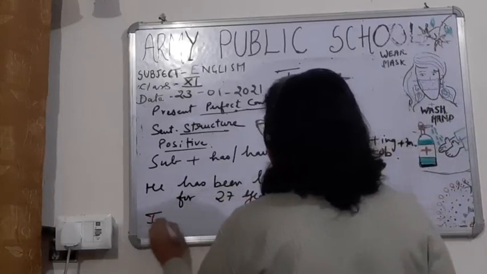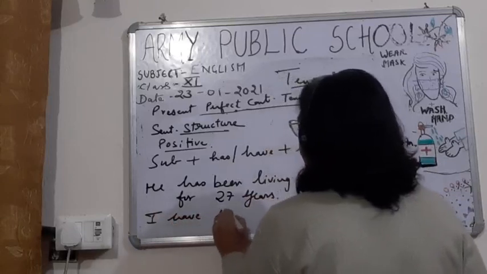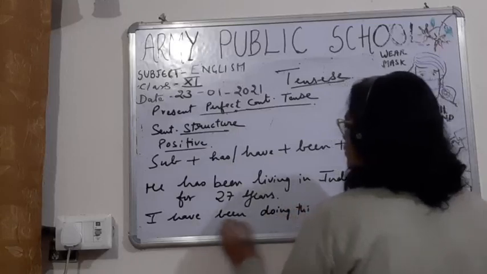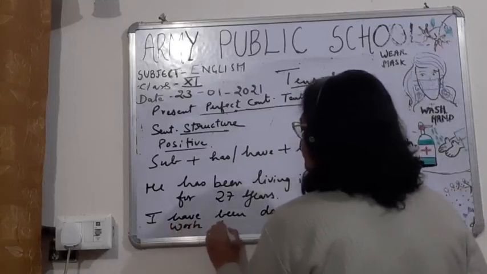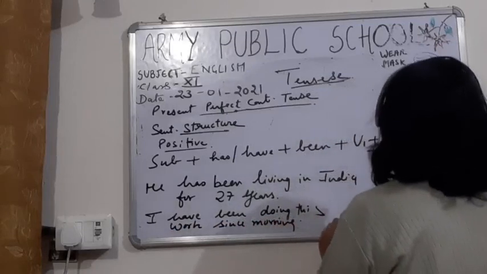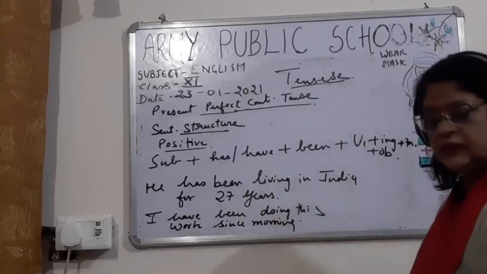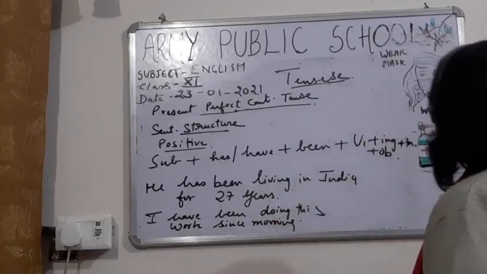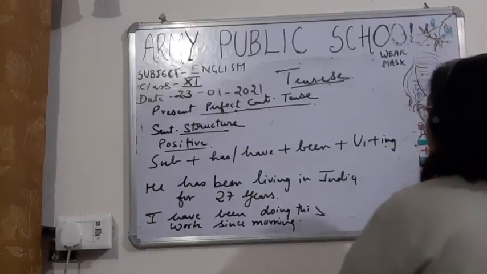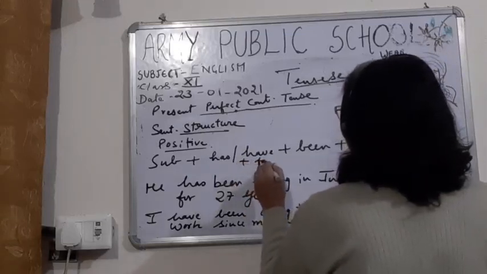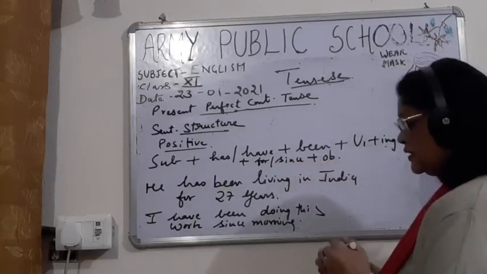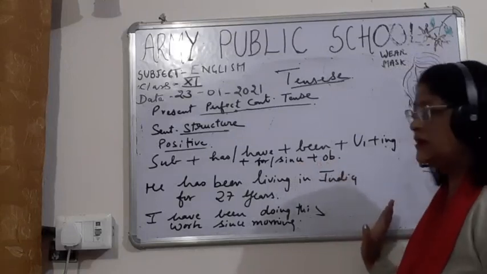I have been doing this work since morning. So one thing I would like to say to you, if you understand, with V1 we use for or since plus object. Sometimes object is not there, but for and since will be there.